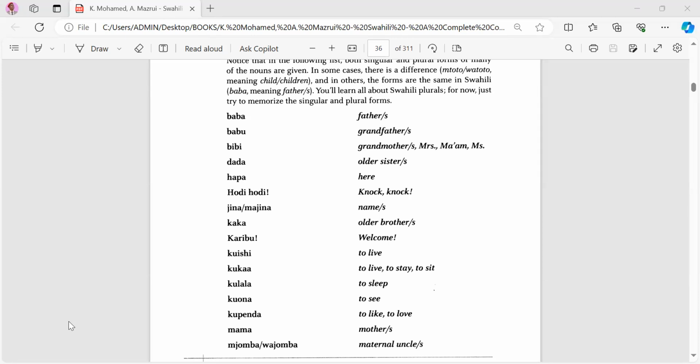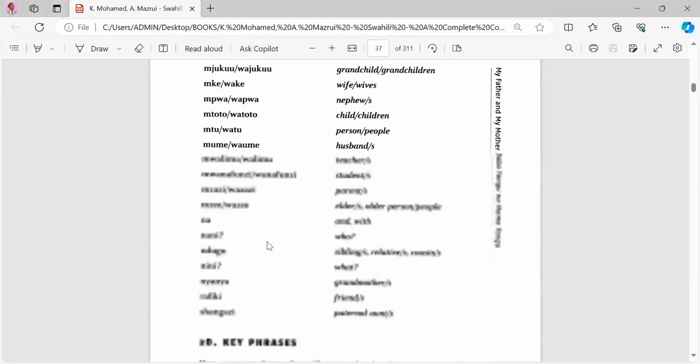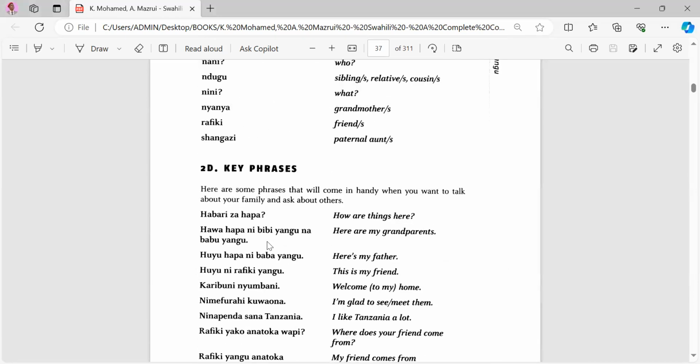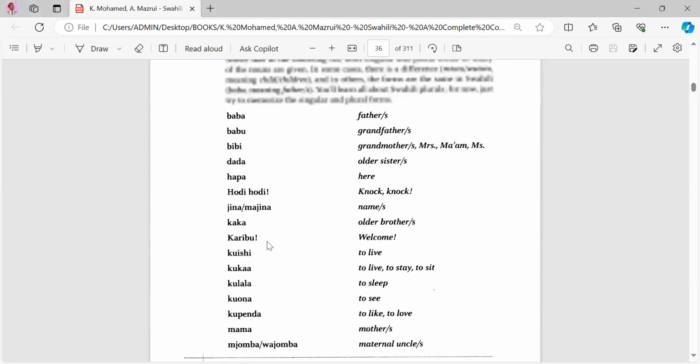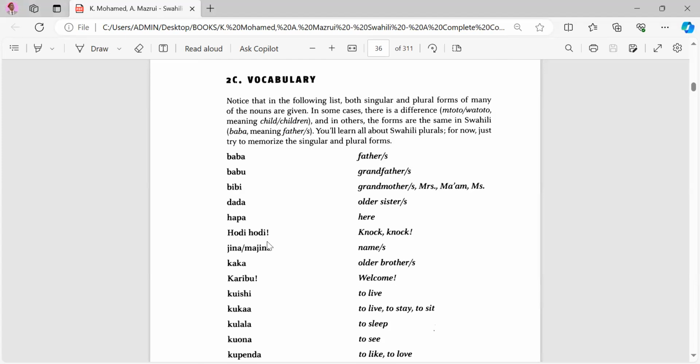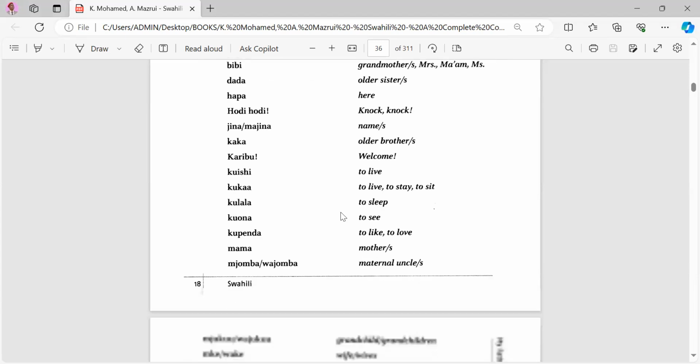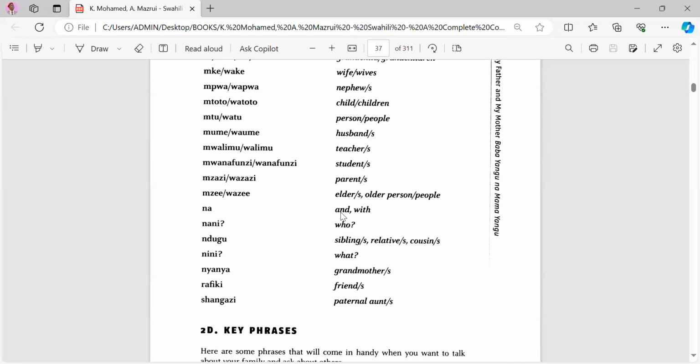So grandfather is called Babu. Somewhere we came across Nyanya, or Bibi. The same word Bibi can mean an old woman, almost like a grandmother. Some call them Bibi to mean grandmother, but some Kiswahili speakers would call it Nyanya to mean grandmother. But Nyanya equally means tomatoes.